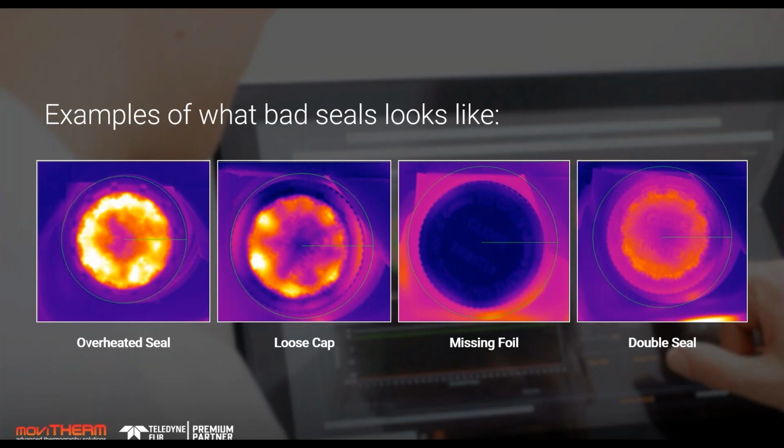And then double seal lowers the temperature that we see when it goes through the induction sealer. You're not going to get a proper seal. The temperature is going to drop, and we're going to be able to pick up that type of problem very easily.